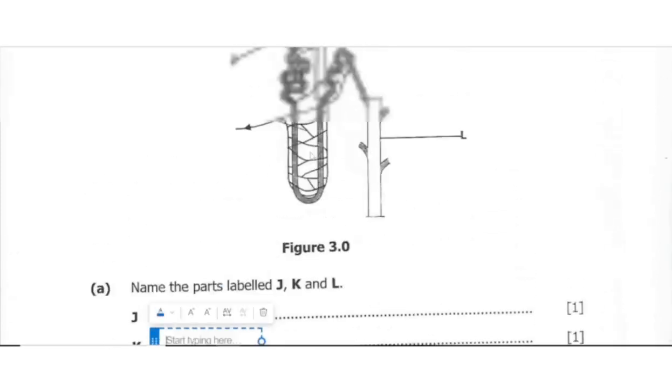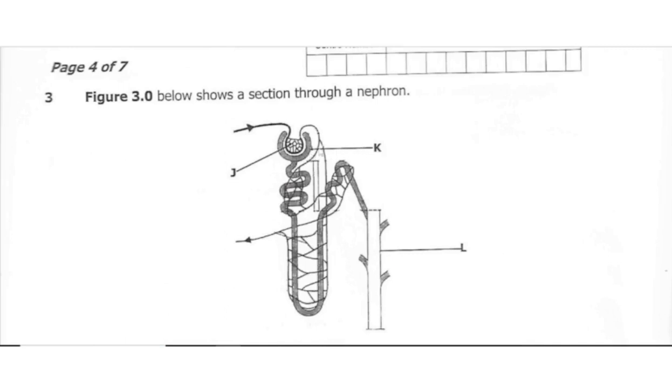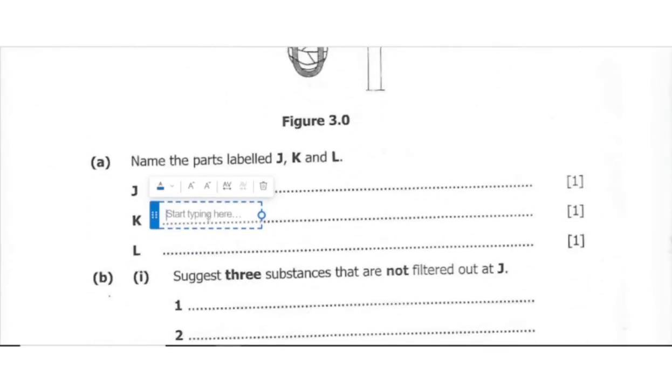Let's go to K. What is K? That is Bowman's capsule. K is Bowman's capsule. So we write that as Bowman's capsule.